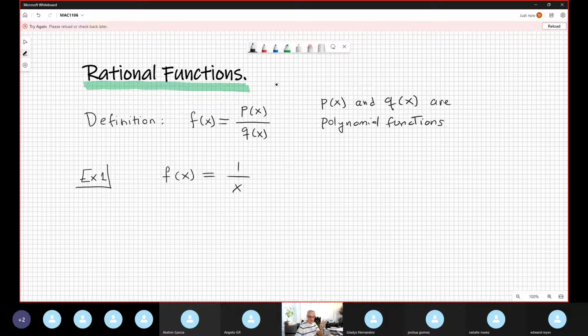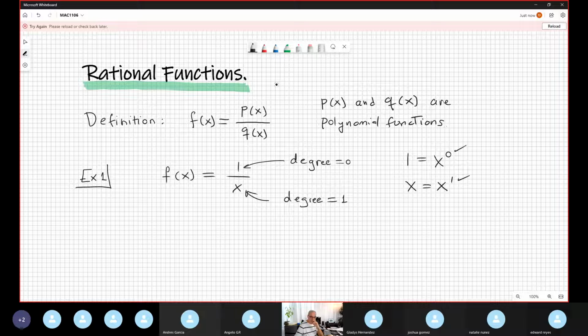Actually, this is the reciprocal function, but we can interpret that p is the polynomial that is just 1, degree 0, and q is another polynomial, degree 1. Remember, degree is the exponent. I can interpret 1 like 1 times x to the 0, and x is just x to the 1. That is the reason it is degree 0 and degree 1. Cool?